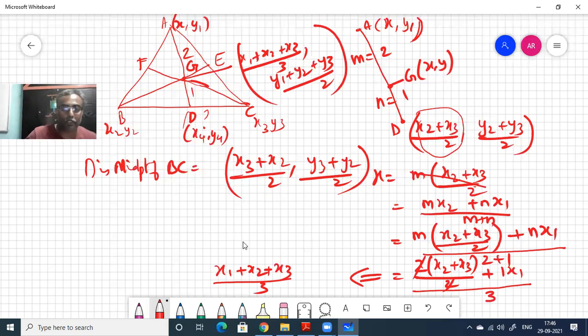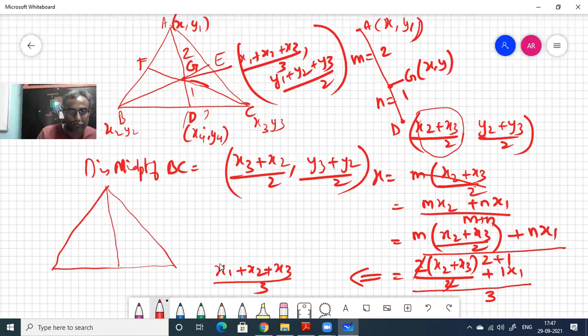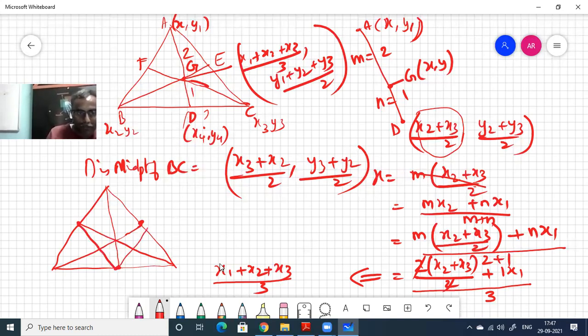Okay. Now, one more thing. This is the centroid. Now, this is the midpoint. This is the midpoint. This is the midpoint. If you join these three and form a triangle, now what he's telling is, this G will be the centroid of that also.